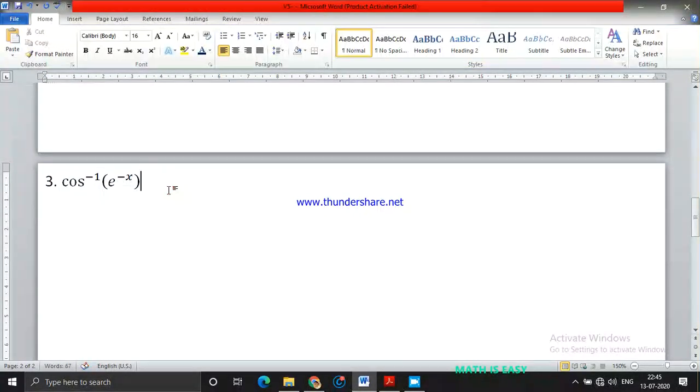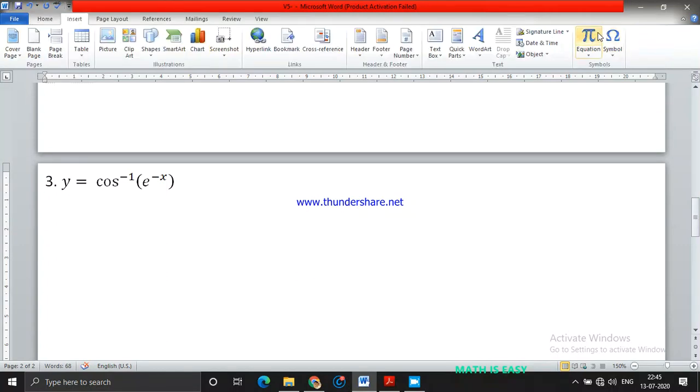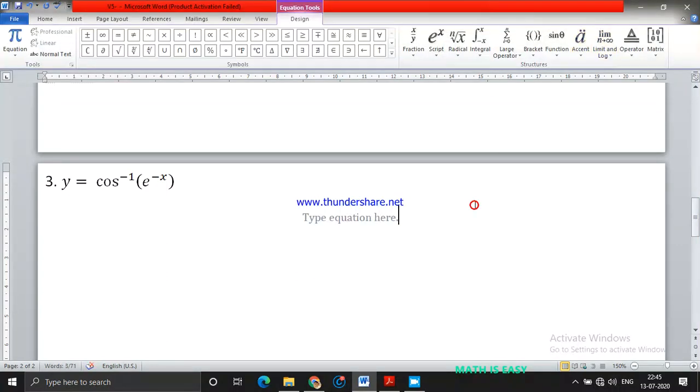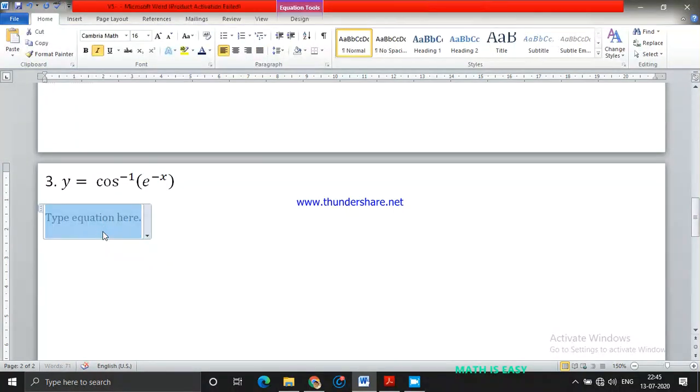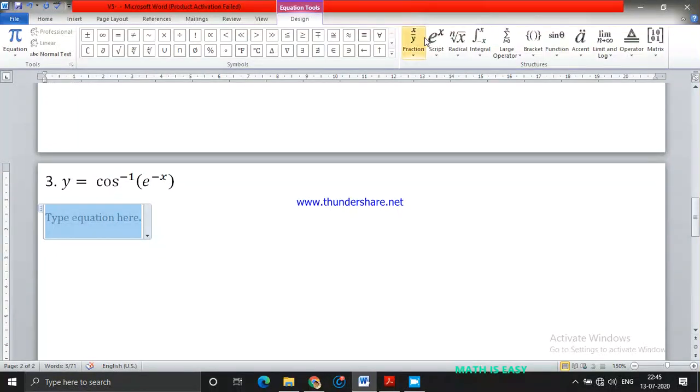This is the formula. Anyone remember the derivative of cos inverse x? We discussed it in the last class. Derivative of cos inverse x is minus 1 upon under root 1 minus x square.